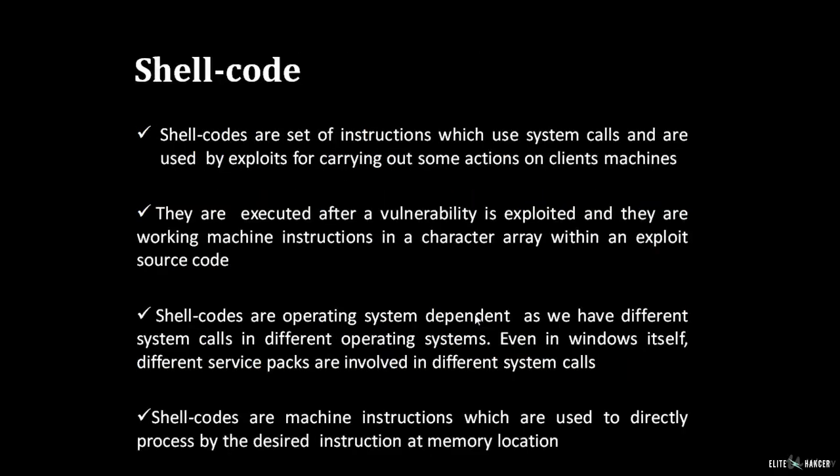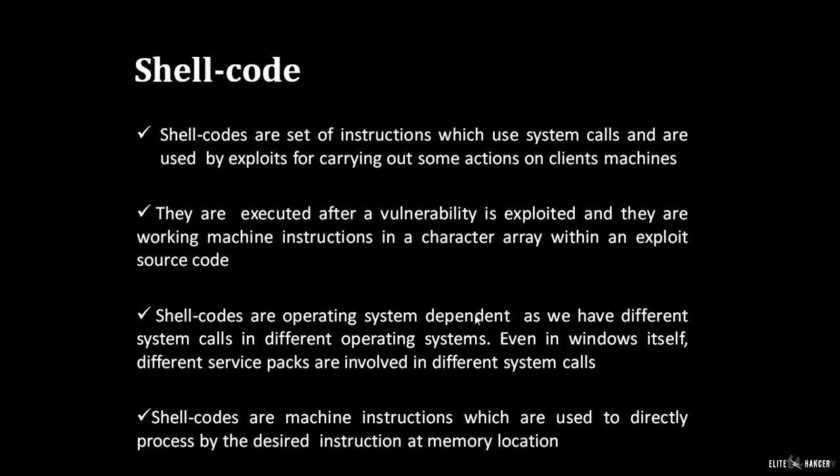Now, shellcodes are an integral part of the testing process and are extremely essential to constitute proof of concepts of vulnerabilities. Shellcodes are a set of instructions which use system calls and are used by exploits for carrying out some actions on client machines. They are executed after a vulnerability is exploited, and they are working machine instructions in a character array within an exploit source code.